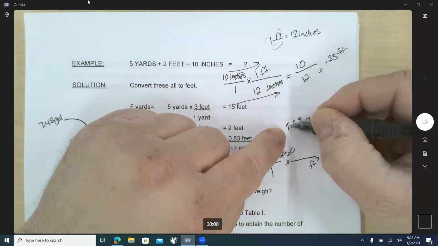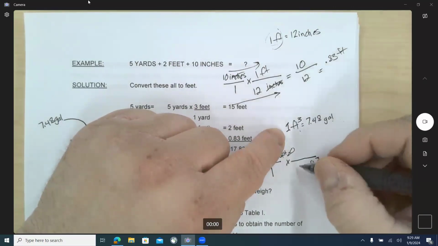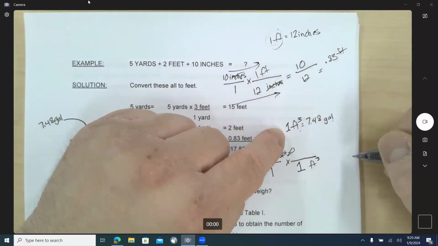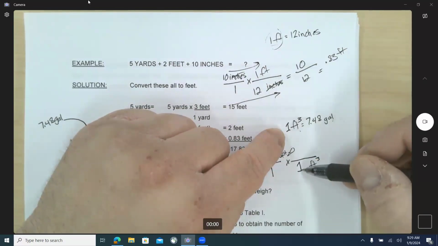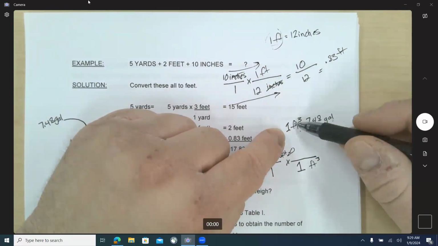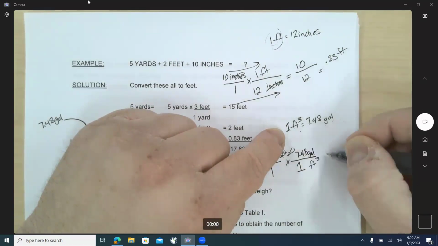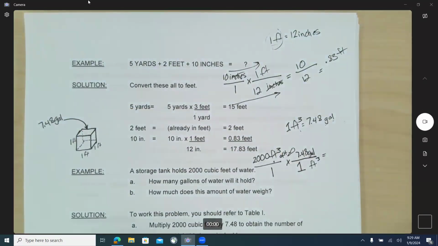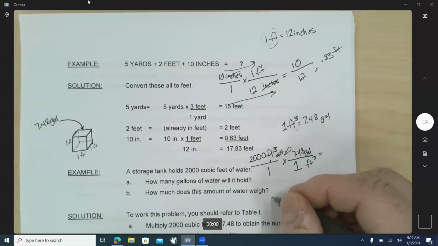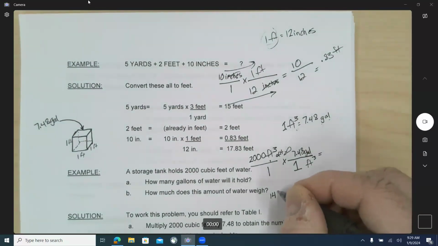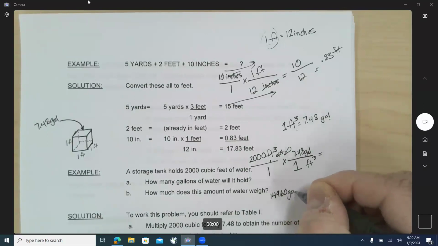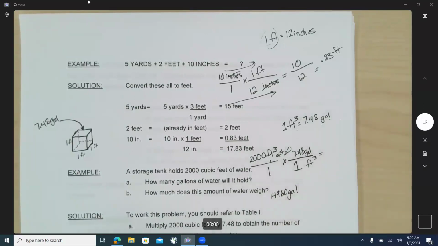The only number attached to cubic foot is what? 1. Not 7.48, 1 cubic foot. 1 cubic foot equals 7.48 gallons. That's what goes up top here. So when I do that, I'm going to get 14,960 gallons. And yes, this would be of water because we're talking about water.